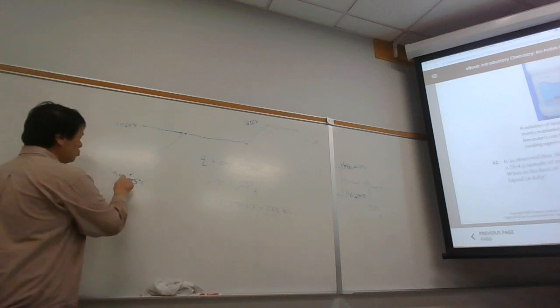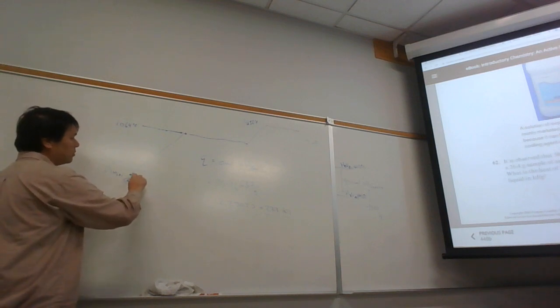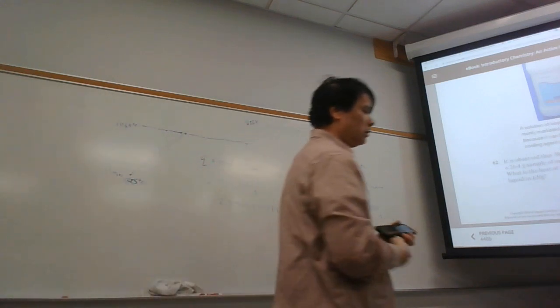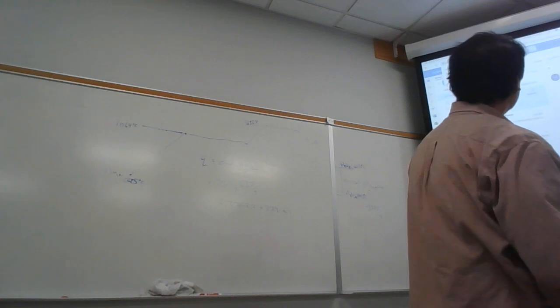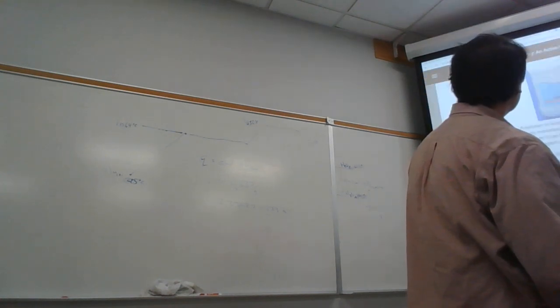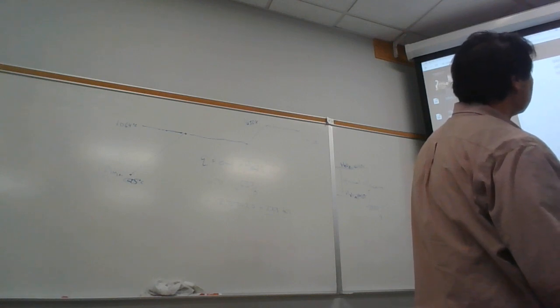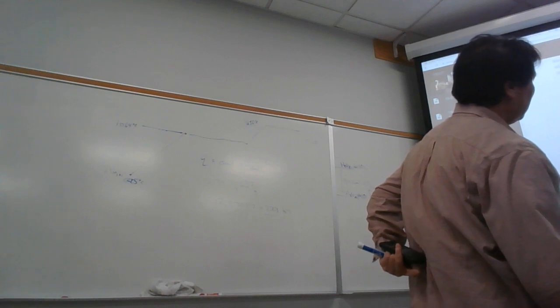But what if I wanted to warm up the gold from 25 degrees C? Well, that's going to cost us even more energy because we have to take the solid gold and warm it up to the melting point. And so let's take a look at it. Well, if we take the solid, then we don't want the delta H, we want the specific heat.